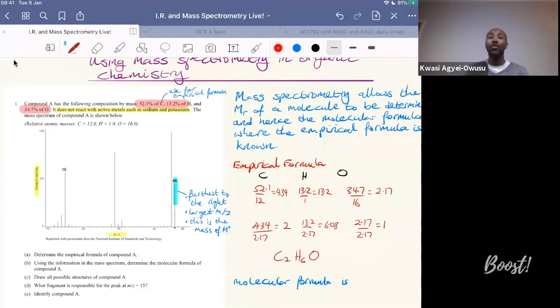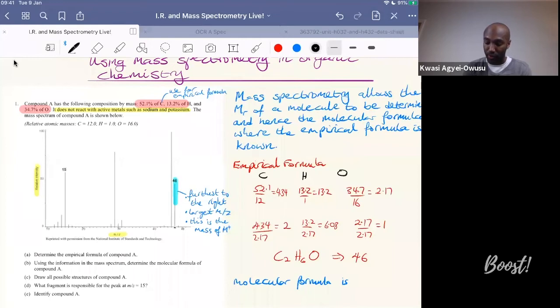Okay, so we've got an empirical formula that is C2H6O, and then what we can do is see what mass that comes to, which would be 12 times 2 for the carbon, so 24 plus 6 for the hydrogen, so we're up to 30, plus 16, which would take us to 46. Okay, so we can make the statement the MR of the empirical formula is essentially the same as the molecular formula.